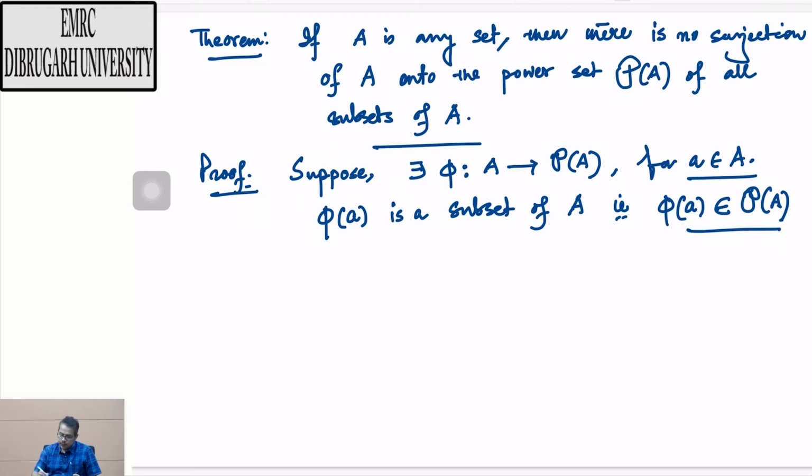Then we have two options: either a belongs to phi of a, because it is a set, or a does not belong to phi of a.